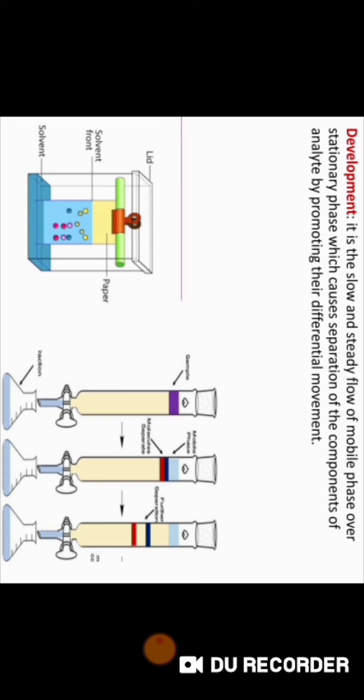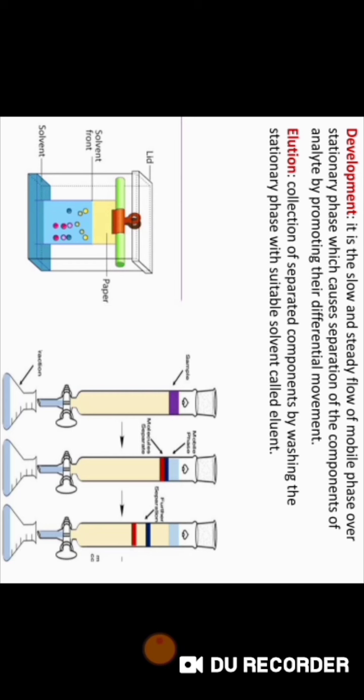This steady flow of mobile phase over the stationary phase causes the separation of components, depending upon the differential rate of movement or speed of movement of those solutes. So it is an important process which happens during separation.